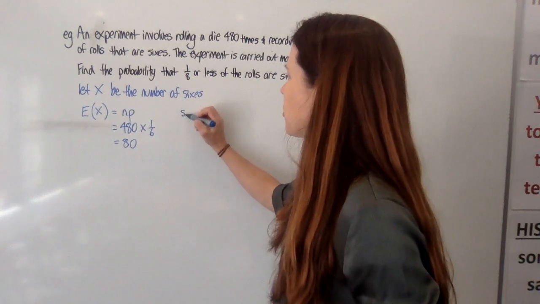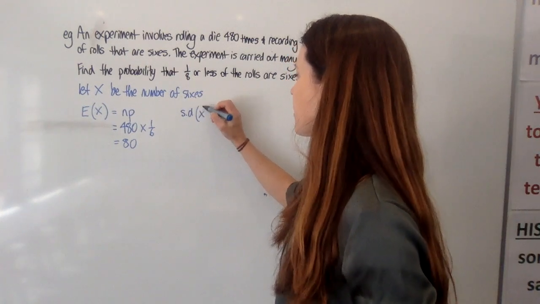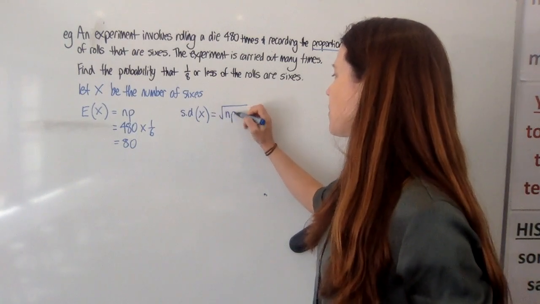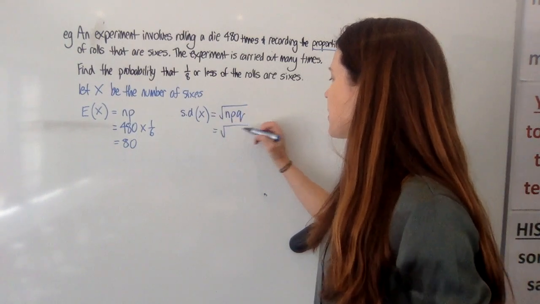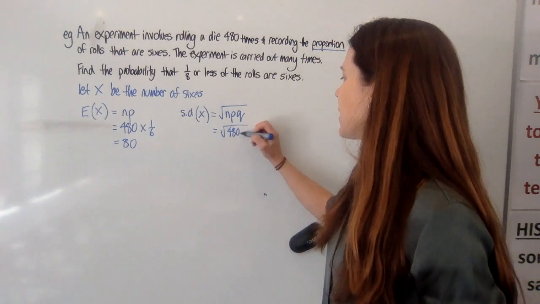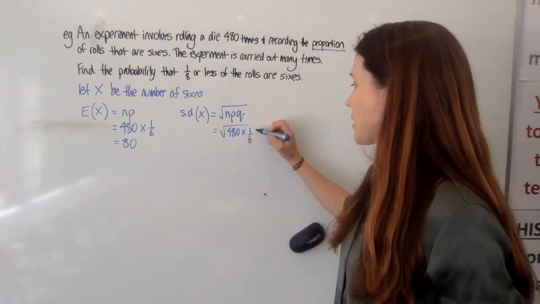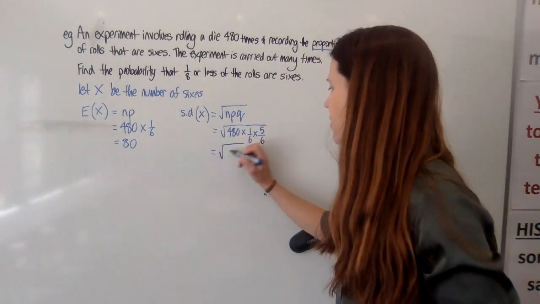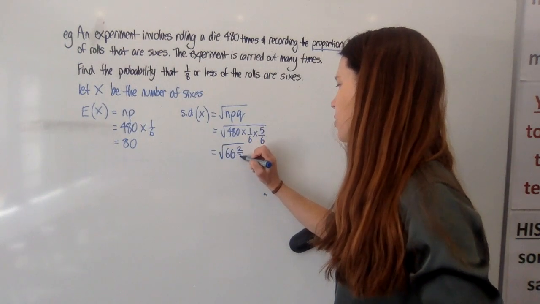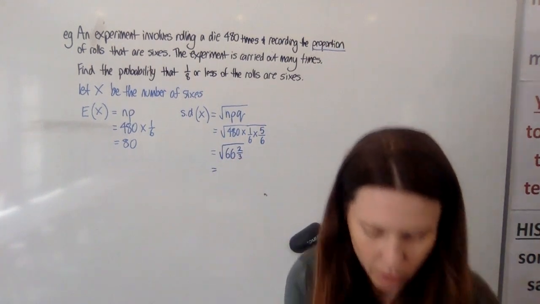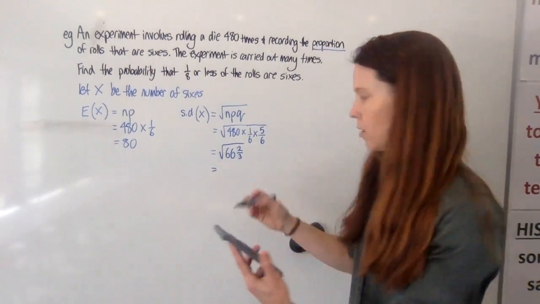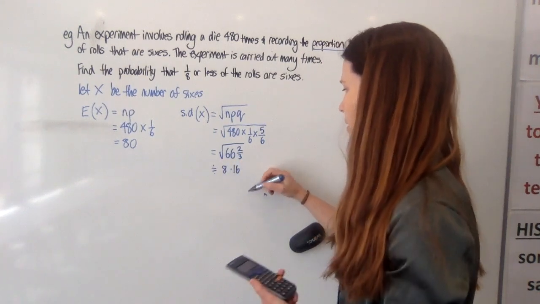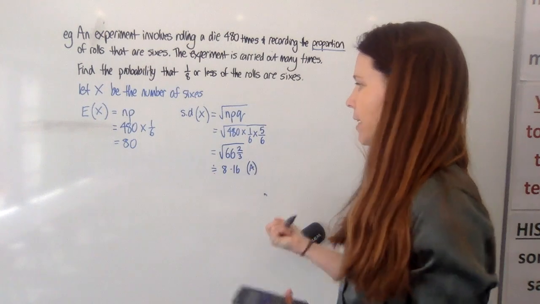And the standard deviation for x, we know the formula for that is the square root of npq. So in this case, that will be the square root of 480 times 1/6, so that's 80, times 5/6. Now that gives us the square root of 66 2/3, which is roughly equal to 8.16, say. So let's store that as A.